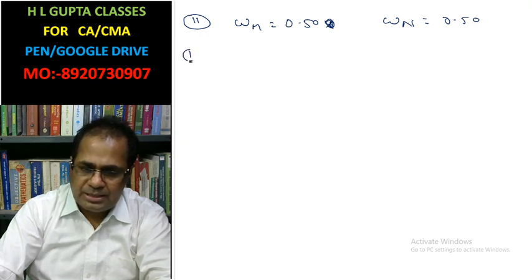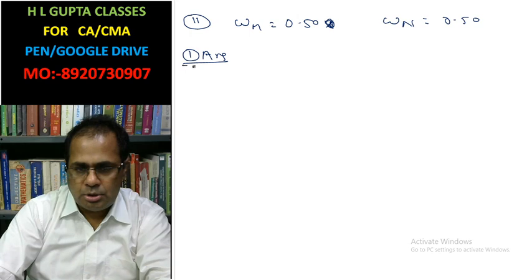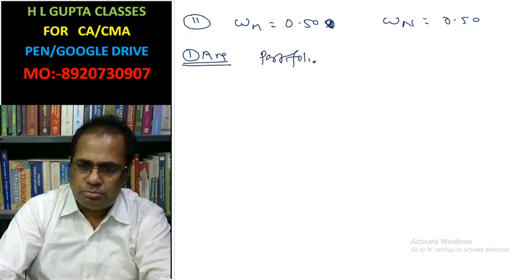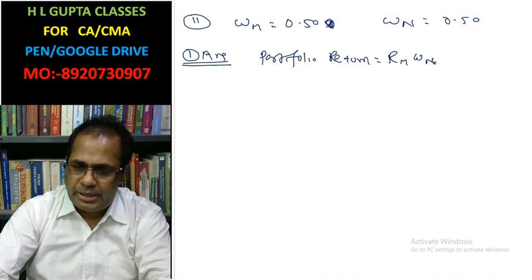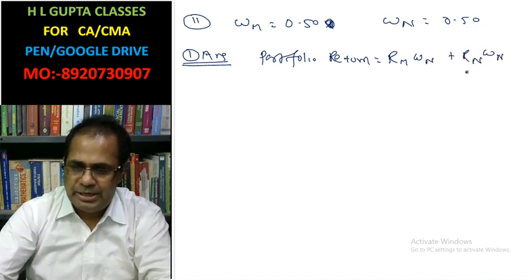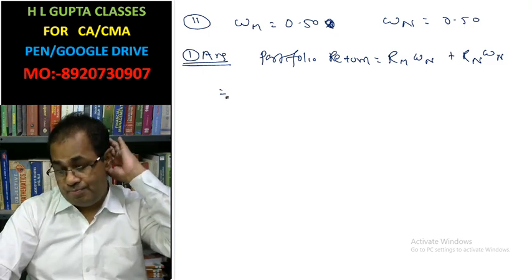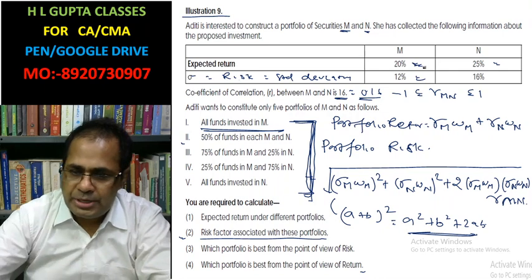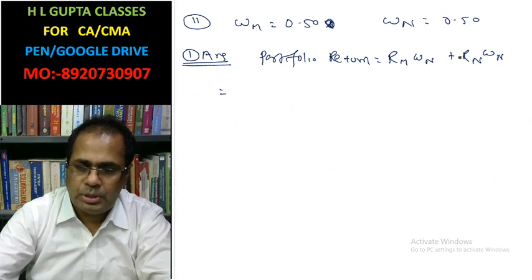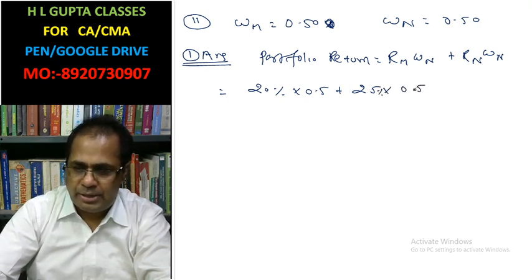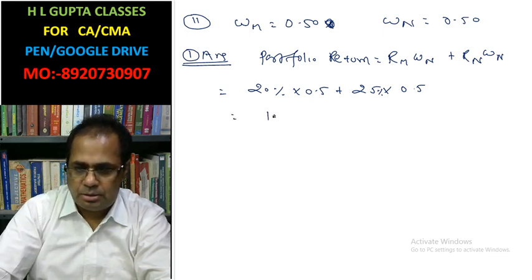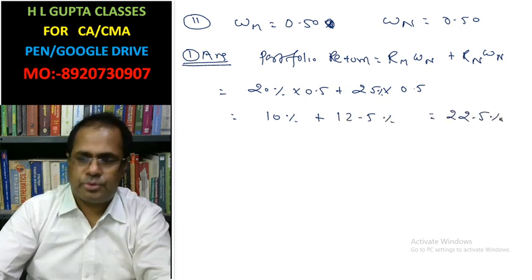In this case, the first part answer is portfolio return: return of M times weight of M plus return of N times weight of N. The returns are 20% and 25%. 20% into 0.5, 25% into 0.5, that is 10% plus 12.5%, which is 22.5%.